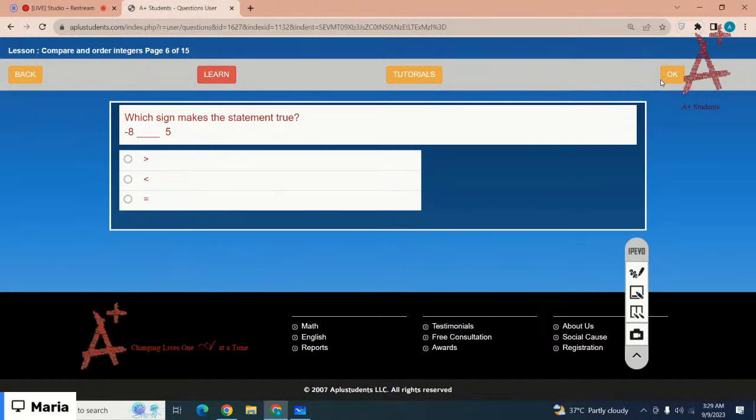Which sign makes the statement true? Negative 8 and 5. Negative 8 is less than 5.